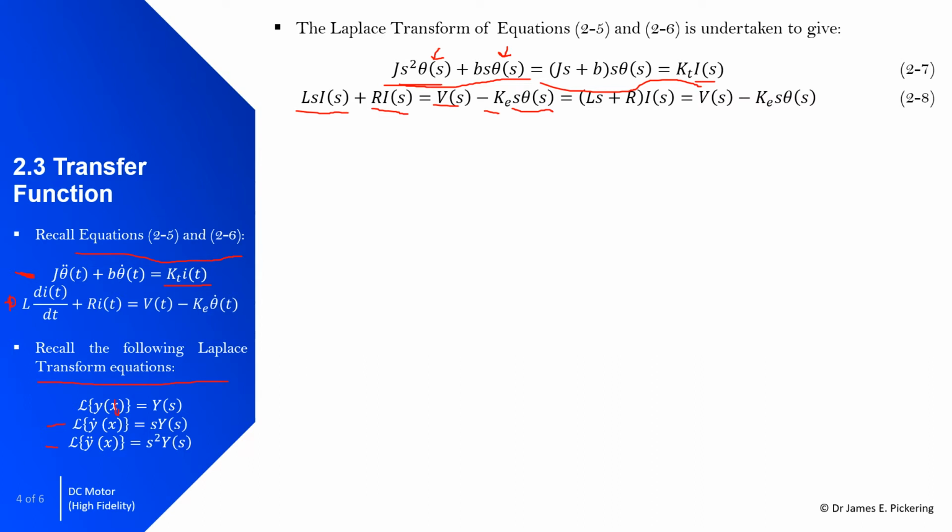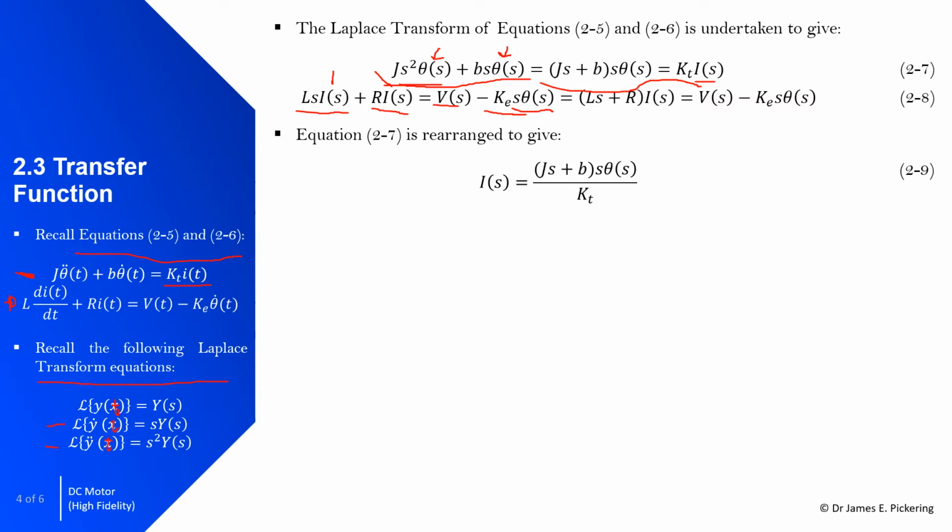Because in this case again, I of s is common, so what we can do is create brackets and put I of s outside the brackets, and then just put Ls plus R. And then that's equal to that term that we just derived. So that's equations 2.7 and 2.8. Again, I just want to refer these really to t rather than x, but don't get too worried about that. It's like a typo really, I should have put t's there.